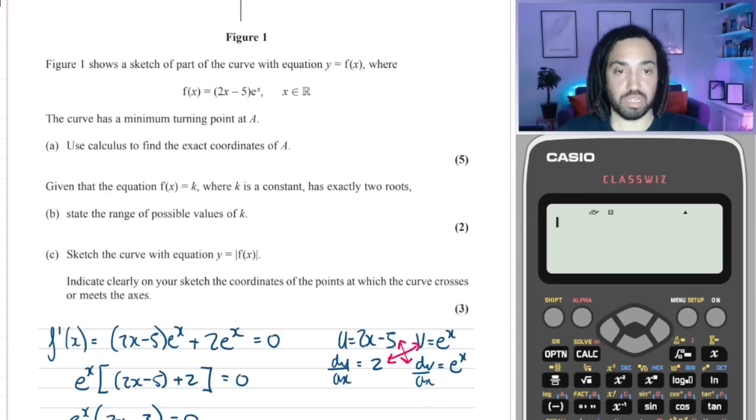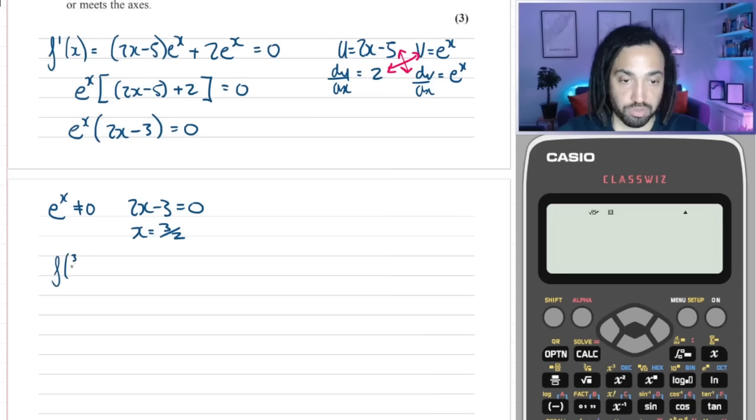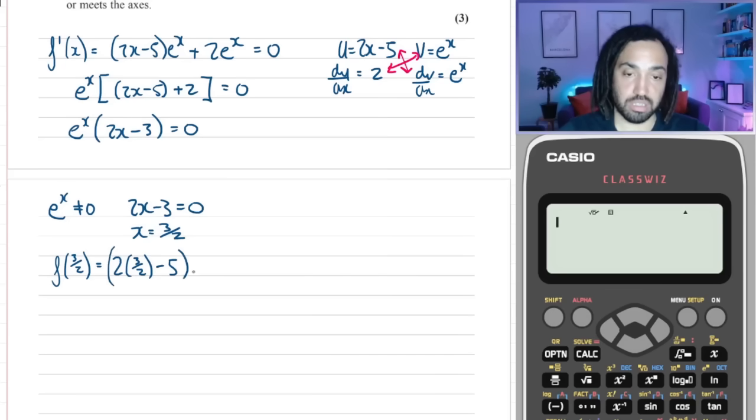Okay, so we're going to scroll up, and it says use calculus to find the exact coordinates of A. So a calculator is going to be pretty useless here. Let's sub in to get the exact value. Okay, so we can say that f of 3 over 2 is equal to 2 lots of 3 over 2 minus 5, times by e to the 3 over 2.